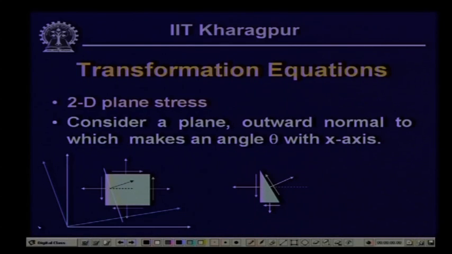We have discussed the plane stresses in two dimensions. If we consider the stressed body at a particular point, this is our reference x axis, this is the reference y axis. The stress which is acting on the x plane is the normal stress sigma x, the normal stress on the y plane is sigma y, and the shearing stress is tau x y.